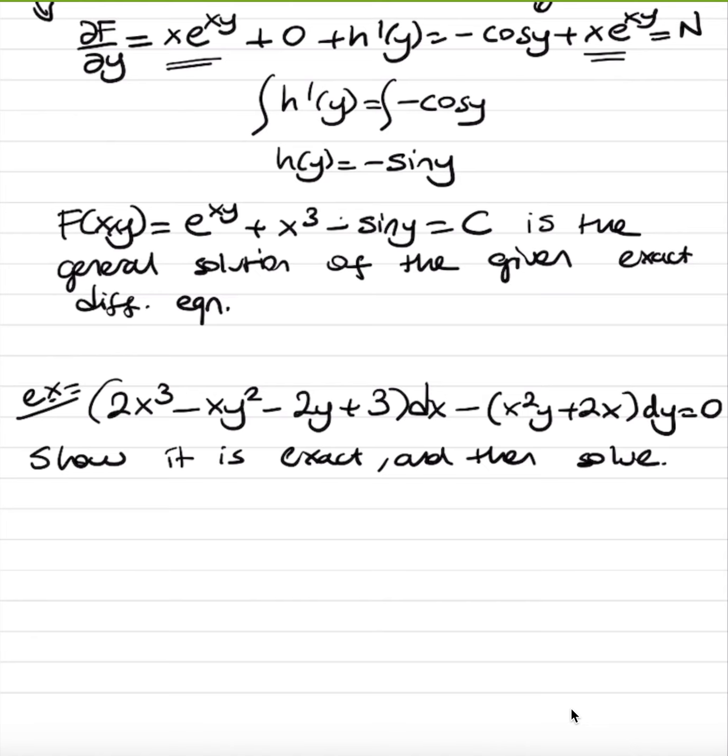Okay, in the exam also I will ask like this: show that it is exact, and then I want you to solve it. So okay, here m is this part, and don't forget the minus sign here. So this is our n.